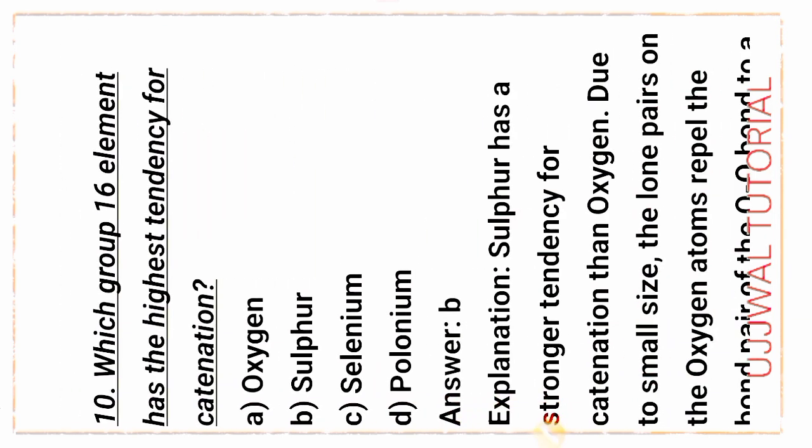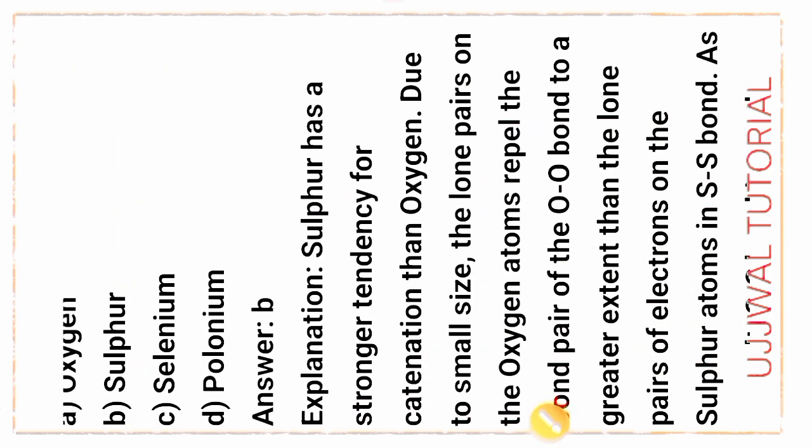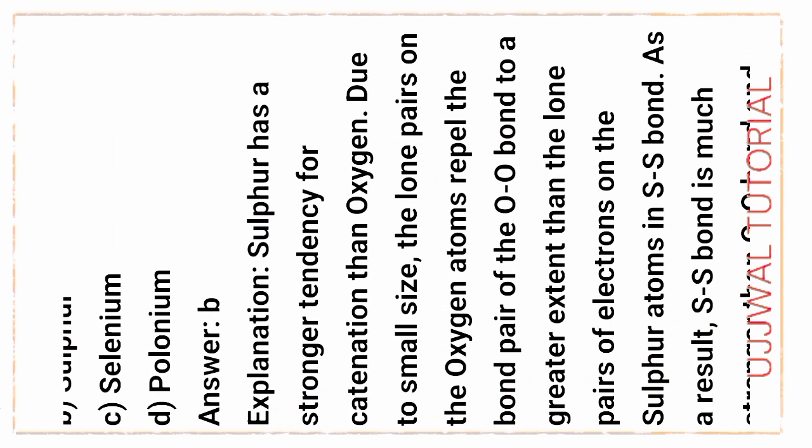Next question, question number 10. Which group 16 element has the highest tendency for catenation? Option B, that is sulfur. To explain this part, sulfur has a stronger tendency for catenation than oxygen due to the small size of oxygen.